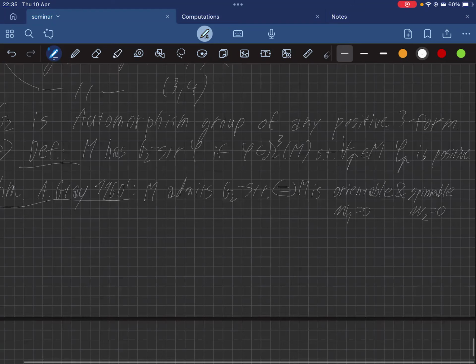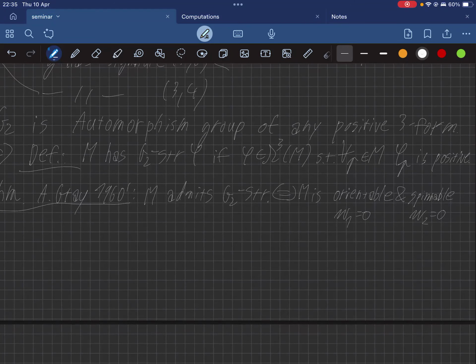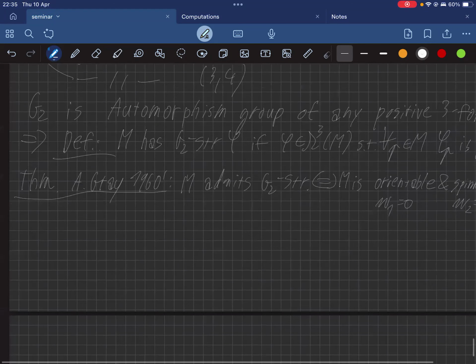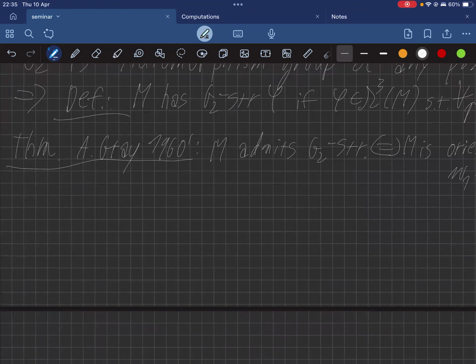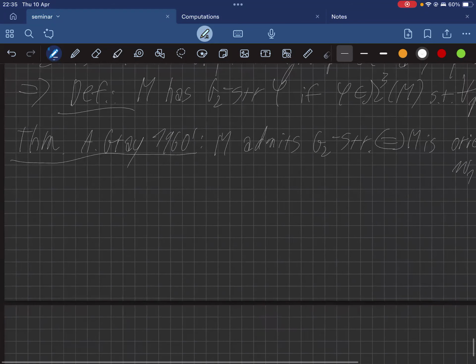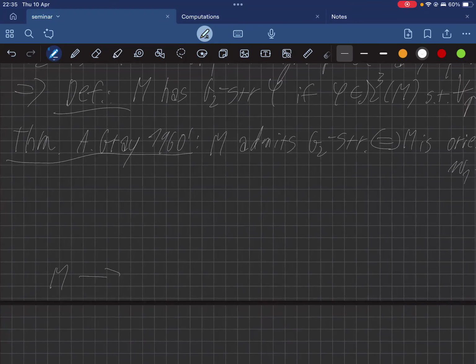Maybe just a small remark on how you should think about this relation. If you're familiar with classifying spaces, you can think of it in the following picture. M has a tangent bundle that has a metric, so the tangent bundle is classified by a map to the classifying space BO7. Then you can ask, is there a lift to BSO7? This is exactly orientability.